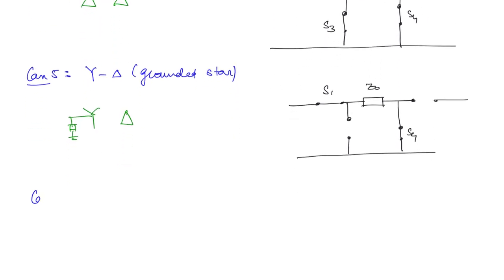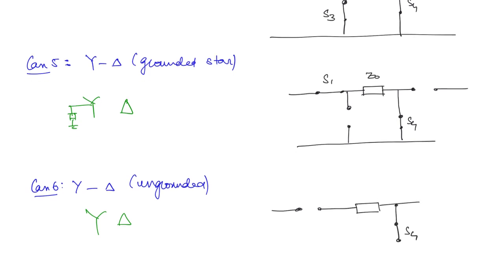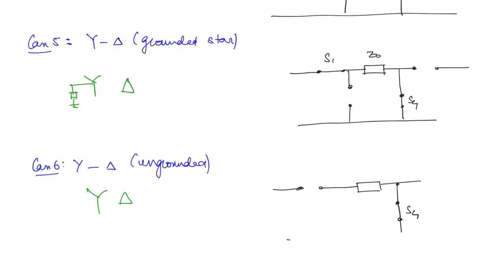Next you can take the star-delta where the star is not grounded. It is going to be like this. Here S1 is going to be open and S4 is going to be closed because on the secondary side you have delta.